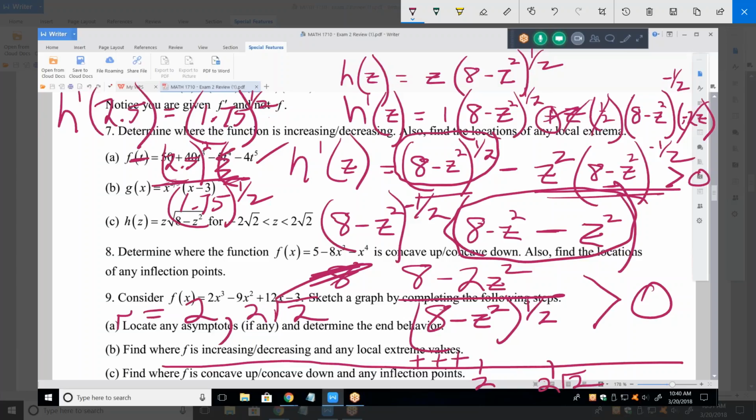So we got 1.75 to the 1/2 power, and I am subtracting from that 2.5 squared divided by 1.75 to the 1/2 power.